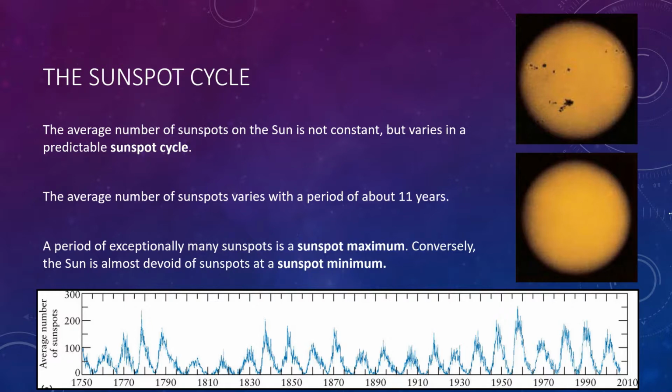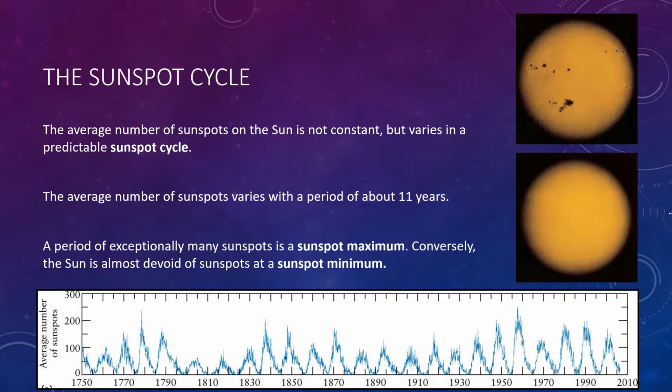The most notable pattern in solar activity is the sunspot cycle, a cycle in which the average number of sunspots on the sun gradually rises and falls. At the time of sunspot maximum, when the sunspots are most numerous, we may see dozens of sunspots on the sun at any given time.